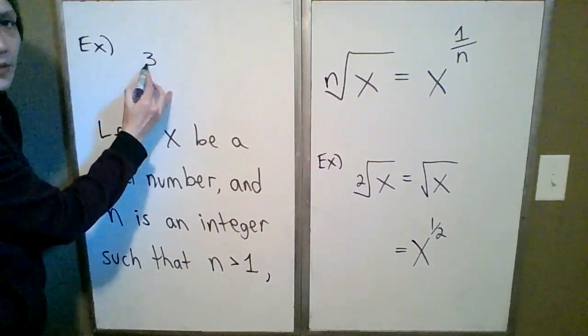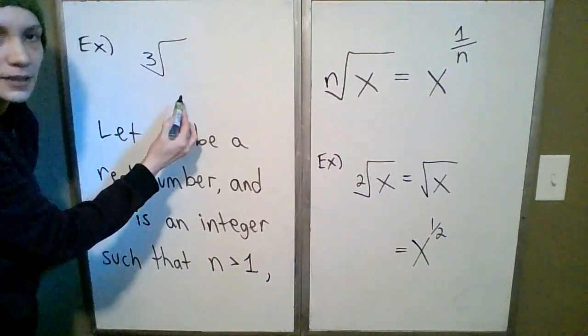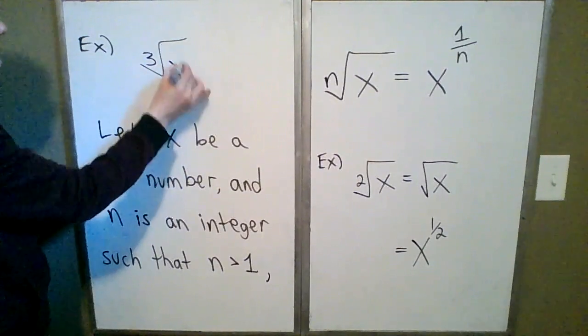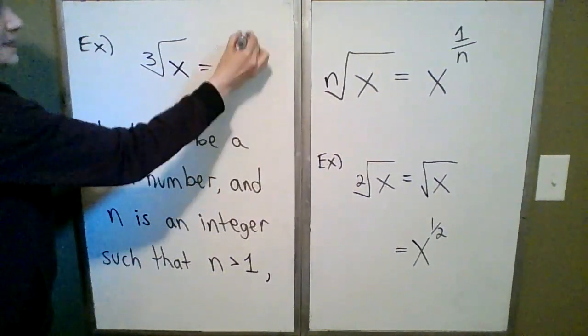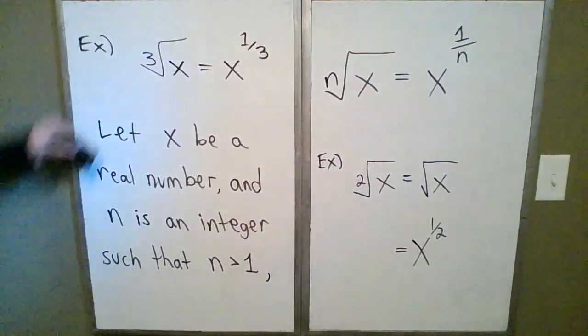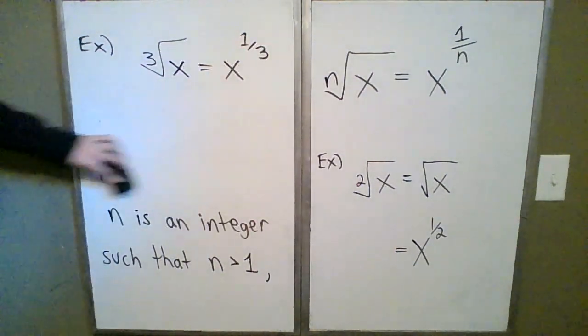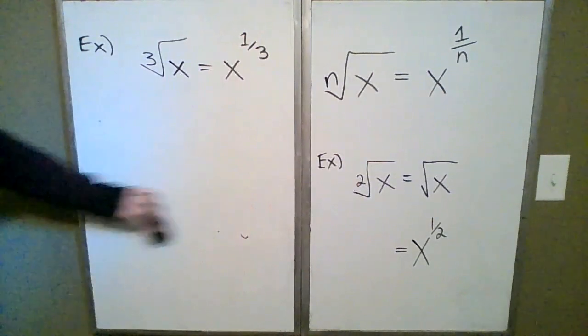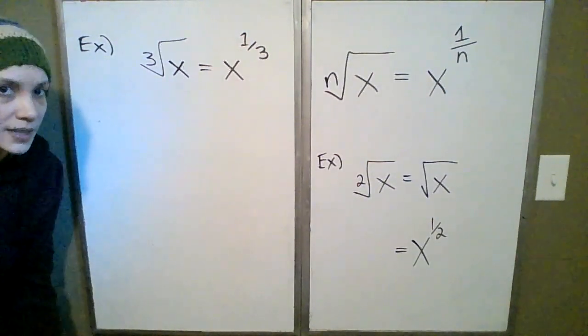The cubed root of x is x to the 1/3. The fourth root of x is x to the 1/4.